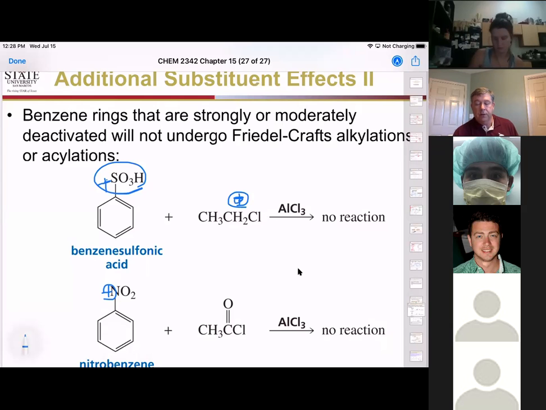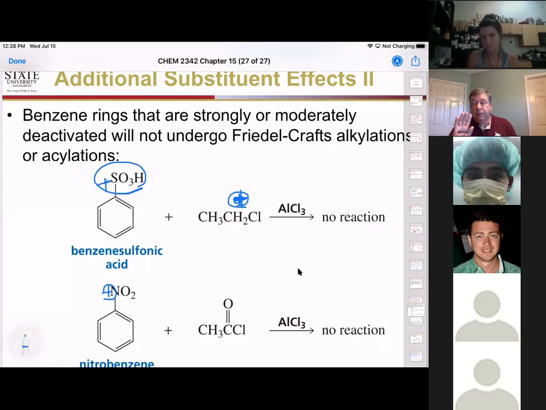Because remember, our Friedel-Crafts reagent here has a carbocation on it, right here, after we make our complex with our aluminum chloride. Okay. So, not the alkylation nor the acylation works with nitrobenzene or sulfonic benzene.